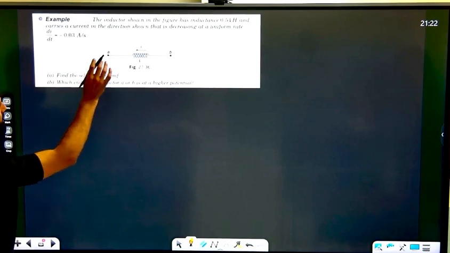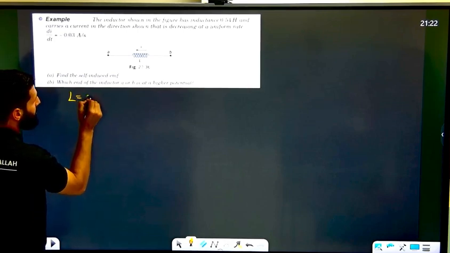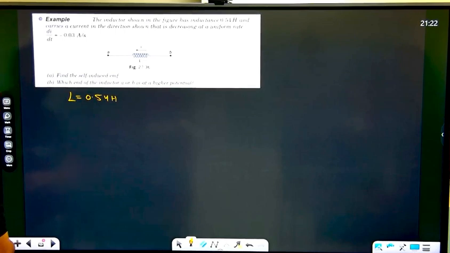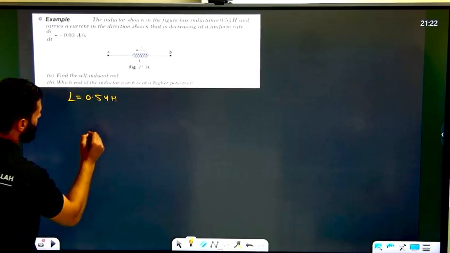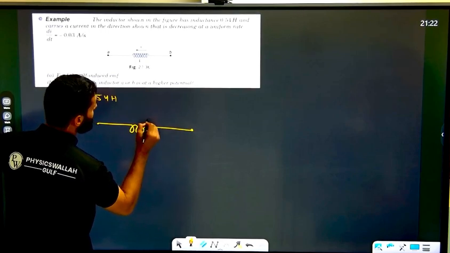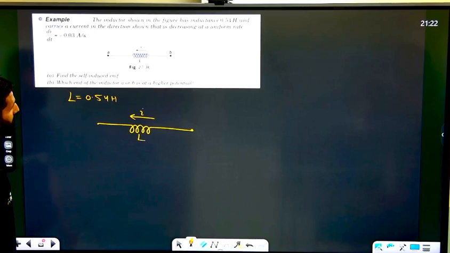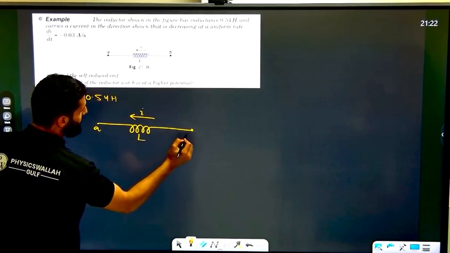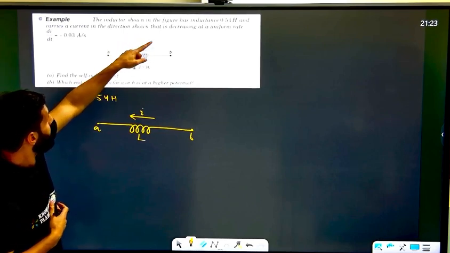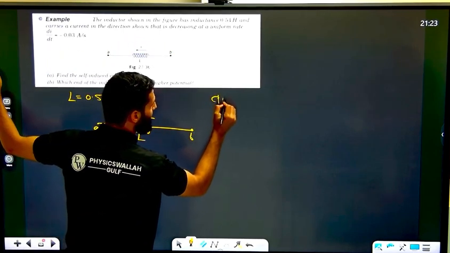The question is, the inductor shown in the figure has inductance 0.54 Henry and carries a current in the direction as shown. So current is going to the left like this, and inductance L. The current is decreasing at a uniform rate.